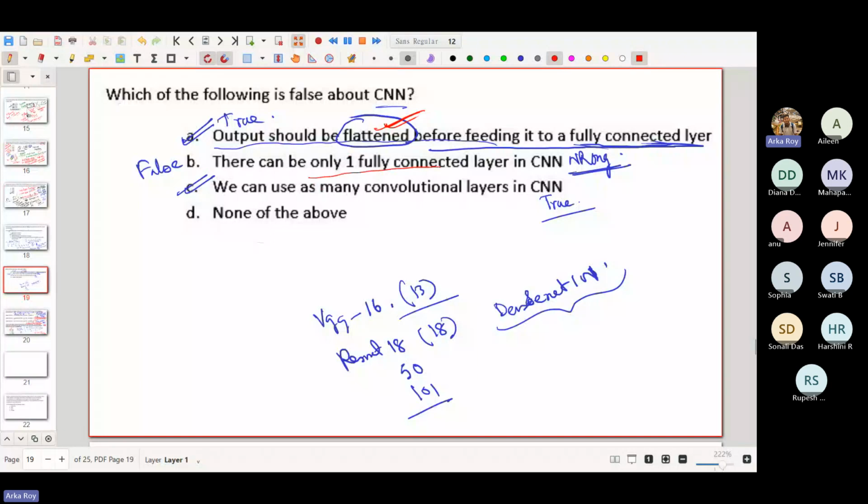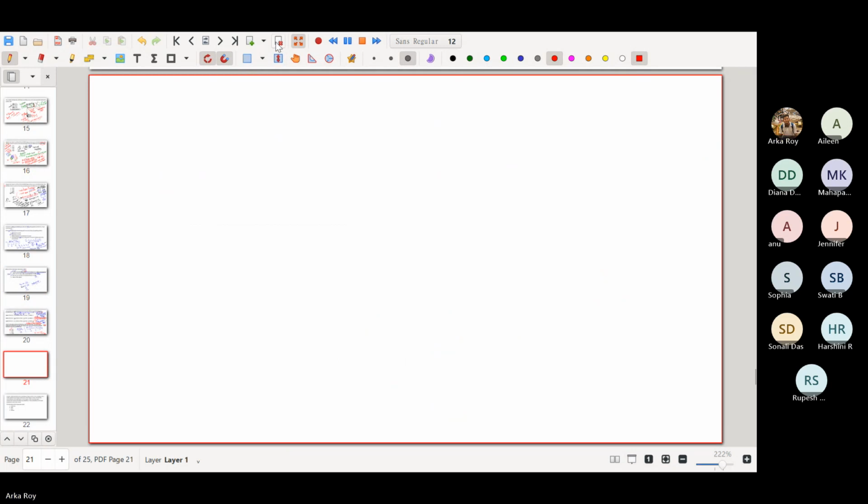Why only one fully connected layer? In many papers, you will see they have used one fully connected layer, but why only one? Then you will see that several other papers or GitHub code use several fully connected layers. From those things, you'll be able to answer these questions more efficiently rather than sticking to the theoretical part only.